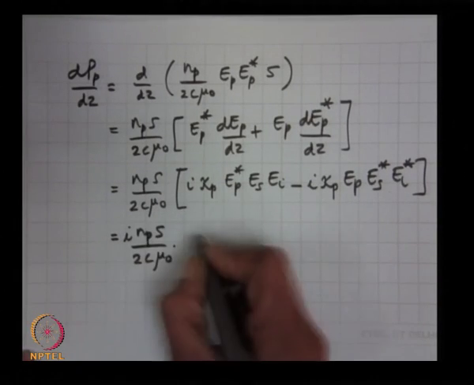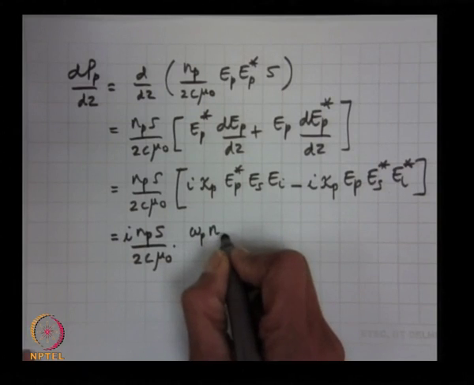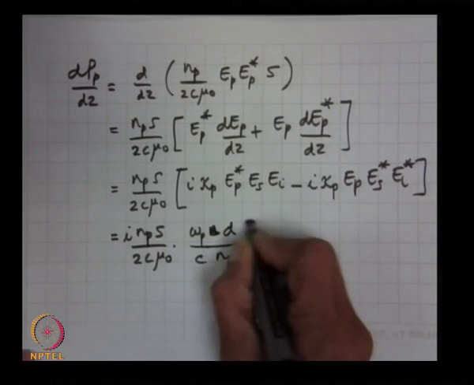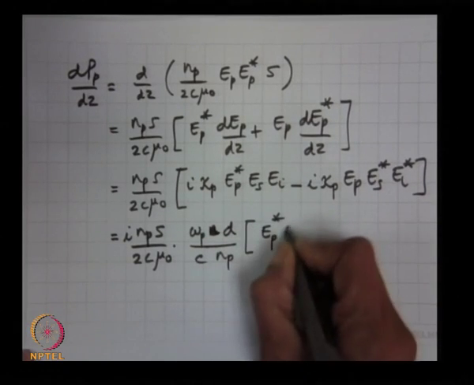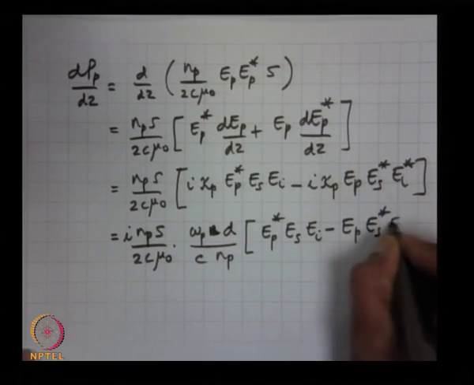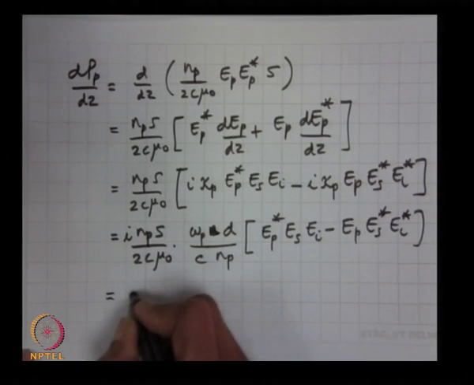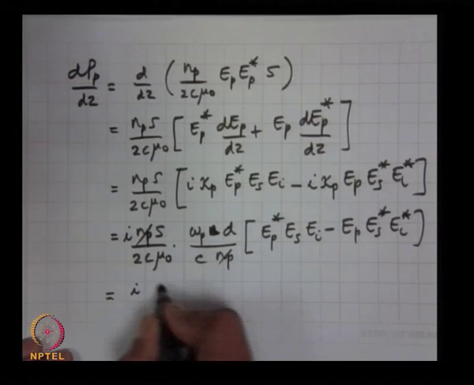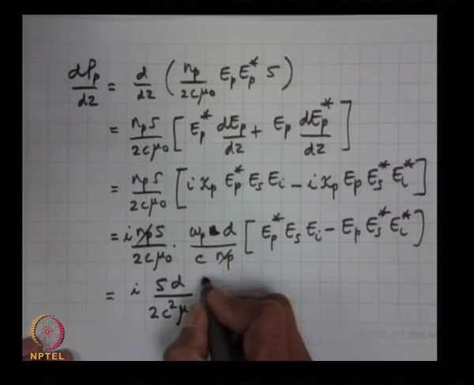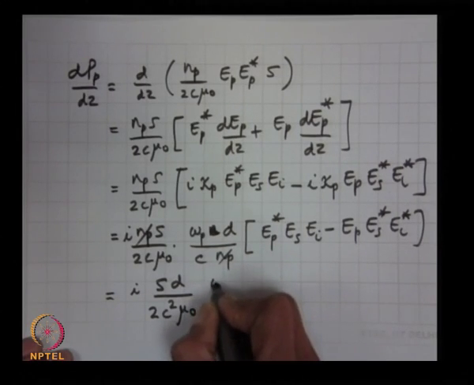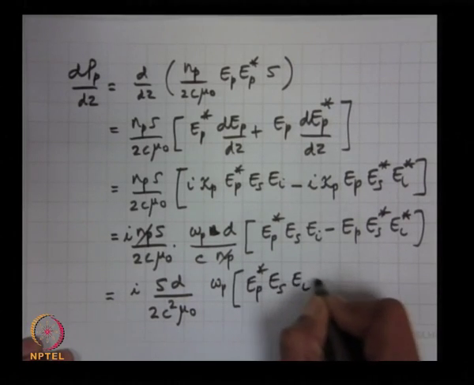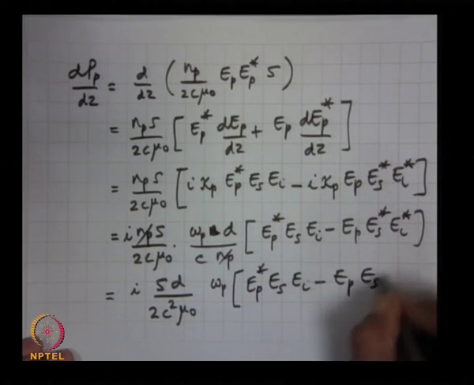Kappa p is omega p d by c times Np into Ep* Es Ei minus Ep Es* Ei*, which is equal to i, so Np goes off, s times d by 2c square mu 0 into omega p into Ep* Es Ei minus Ep Es* Ei*.